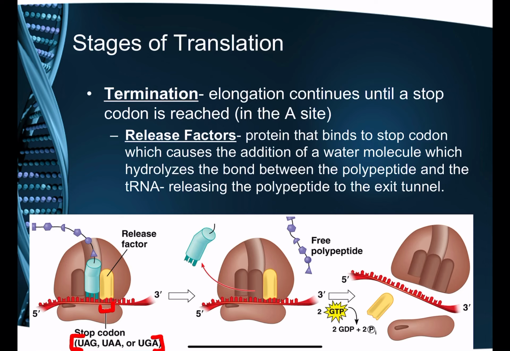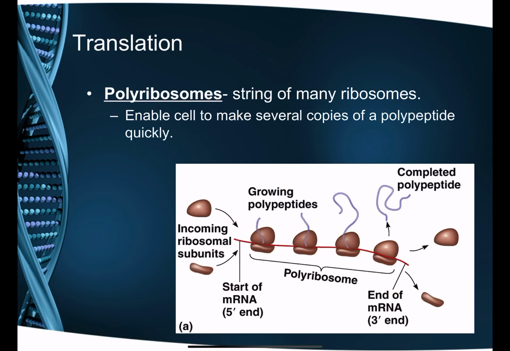So that's going to be proteins that are going to cause hydrolysis between the peptide and the ribosomes and the tRNA, and it's going to cause the mRNA to be released, the polypeptide chain to be freed, and then the whole complex to disassemble, okay? And the mRNA is going to exit, the polypeptide is going to exit via the exit tunnel. That's what this is right here. That can exit via the exit tunnel, and everything will disassemble, okay?